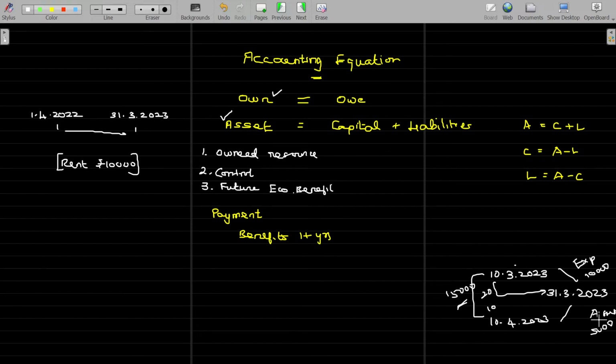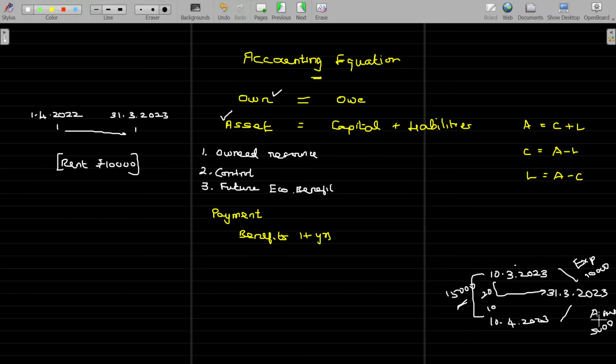Is that okay? Whatever payment you make that gives benefit for more than one accounting year, after 31st March also, that portion will be an asset. The future economic benefit that is enjoyable after 31st March will be your asset. If the enjoyability expired before 31st March, it is not an asset, it's an expense.